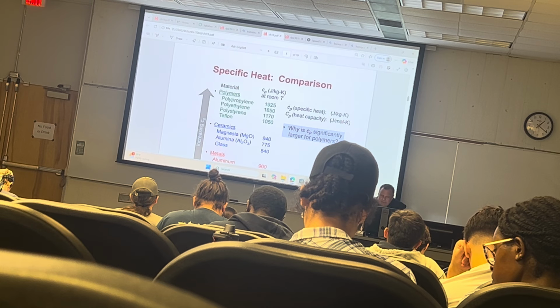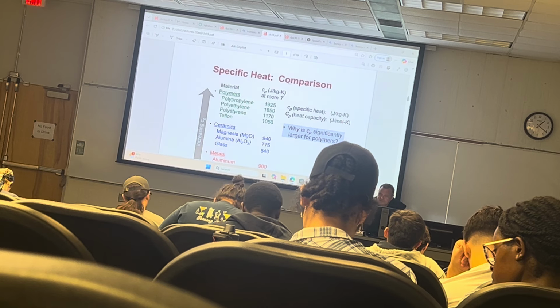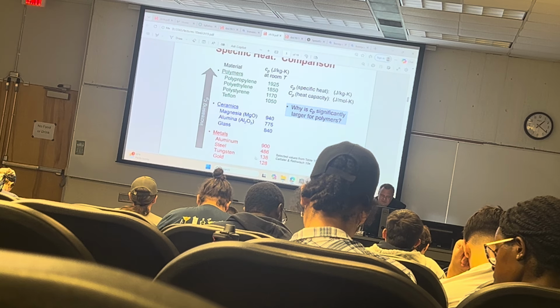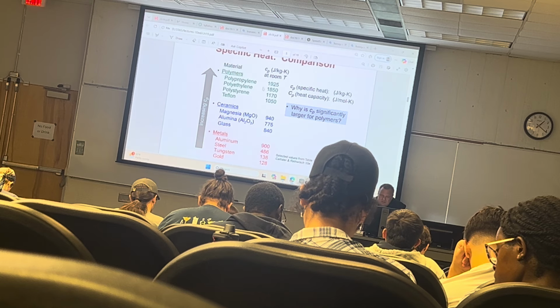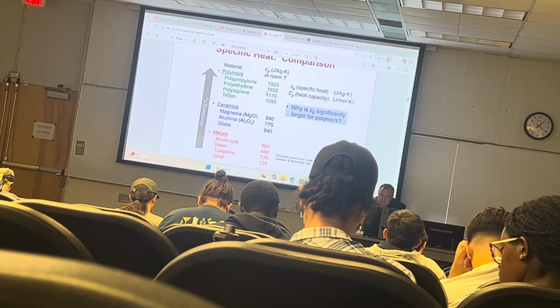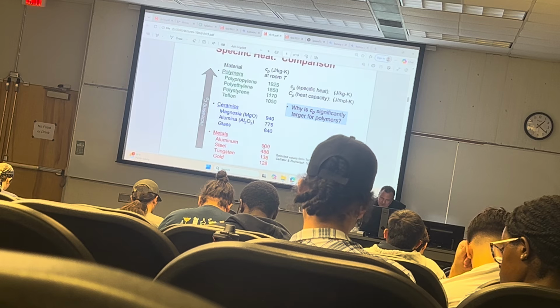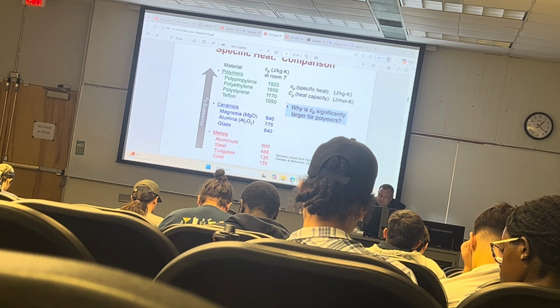Okay, this is the comparison of the specific heat for polymers, ceramics, and metals. You can see that for polymers it is kind of higher, but it doesn't vary that much, maybe by a factor of 2 here, but here for the metals by a factor of 10.